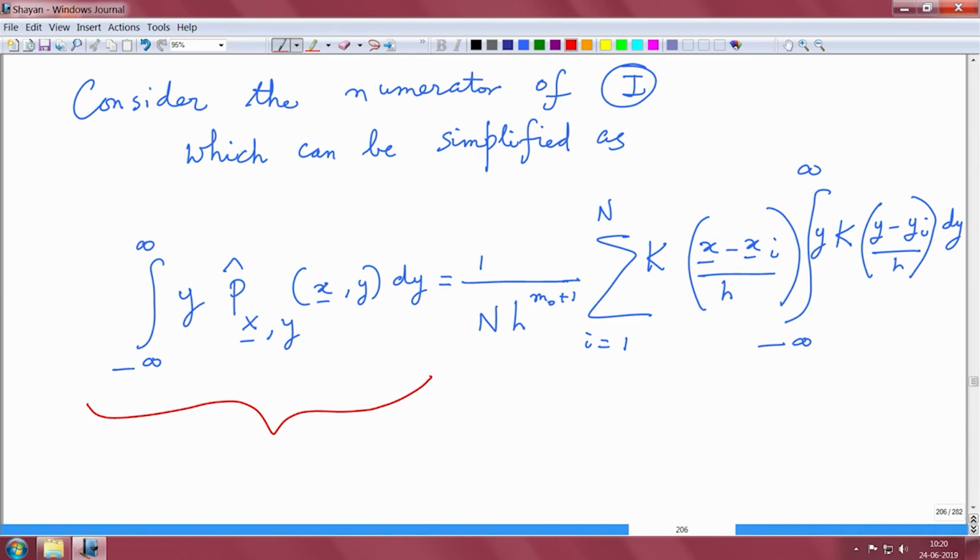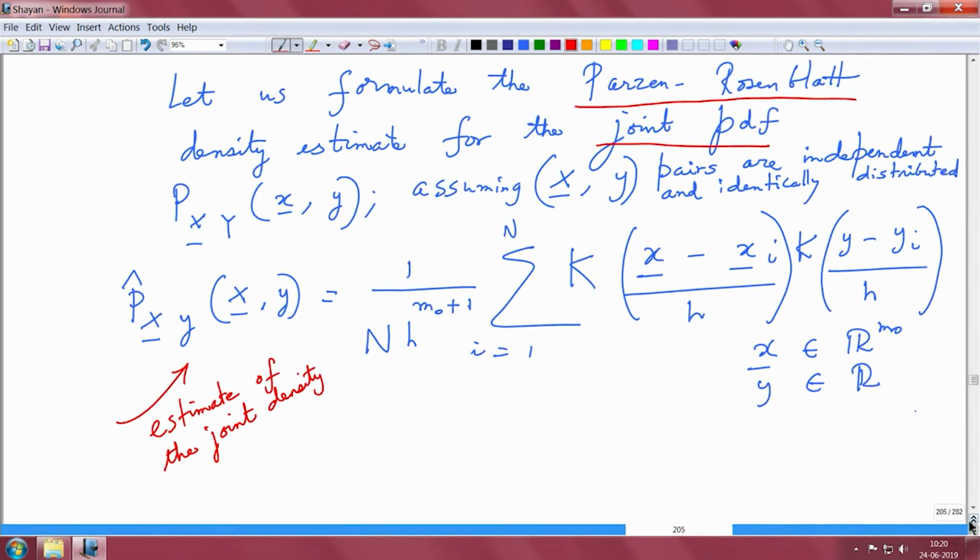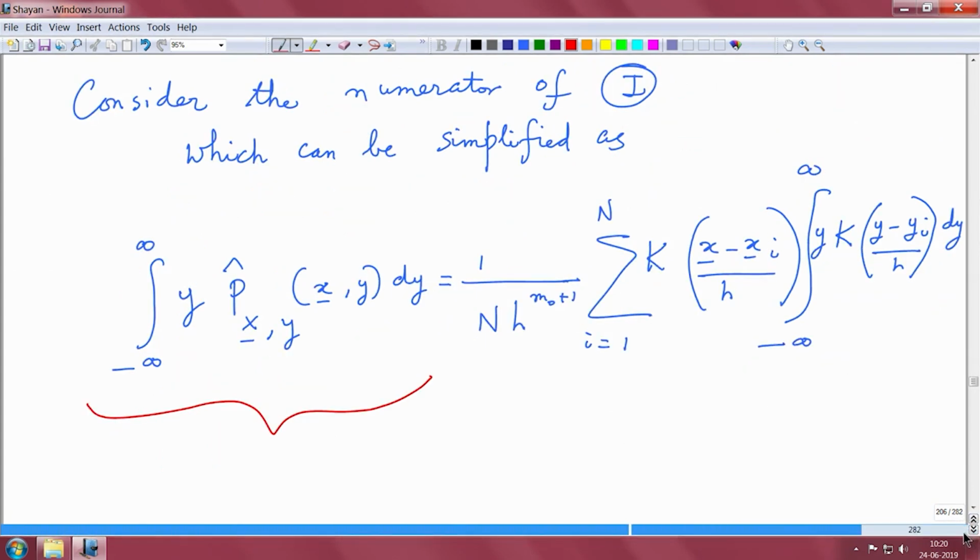If you just recall equation 1, it was the integral of this quantity upon p of x, which is the marginal density of x. Now, we have the estimate of p(x, y), given by our previous slide. So, we plug this into this quantity.